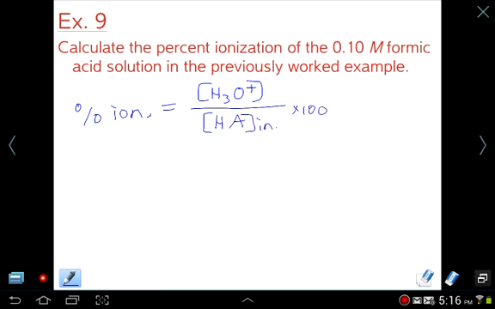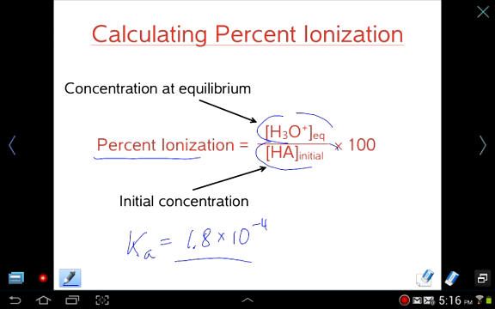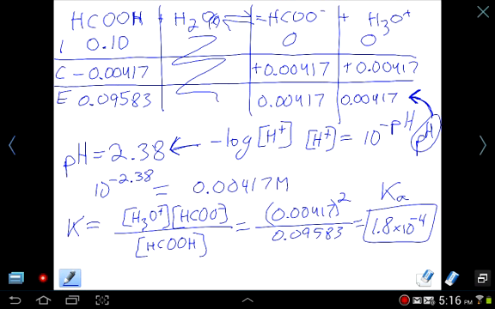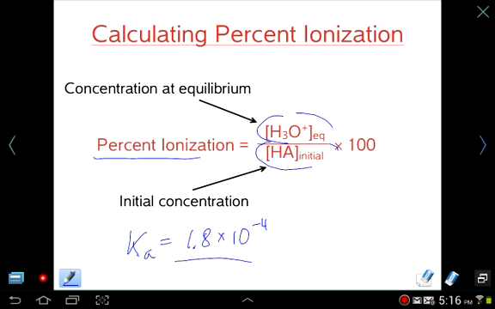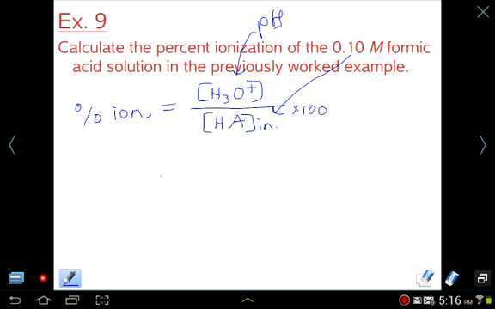So our initial is actually 0.10. Our H3O plus came from our pH, and if you recall, let's go back real quick here, that was our 0.00417. So we got 0.00417 divided by 0.10 times 100. So plug that into your calculator. Essentially we're multiplying by 10 and then by another 100, which gives us about 4.17%.